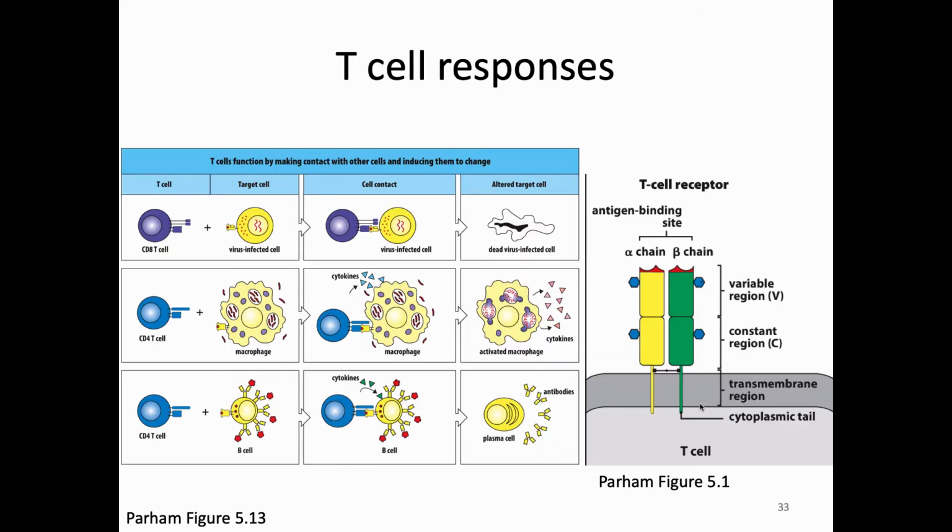And so now that we know about MHC, we can actually think a little bit more about T cells and T cell responses. So now we understand how this infected cell, or cell that has phagocytosed or endocytosed antigen, is going to present that antigen. And we can go back to thinking about how the T cell is going to recognize it.